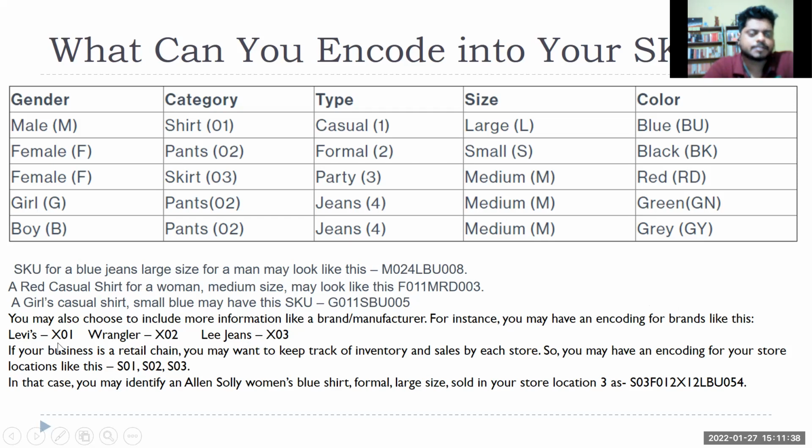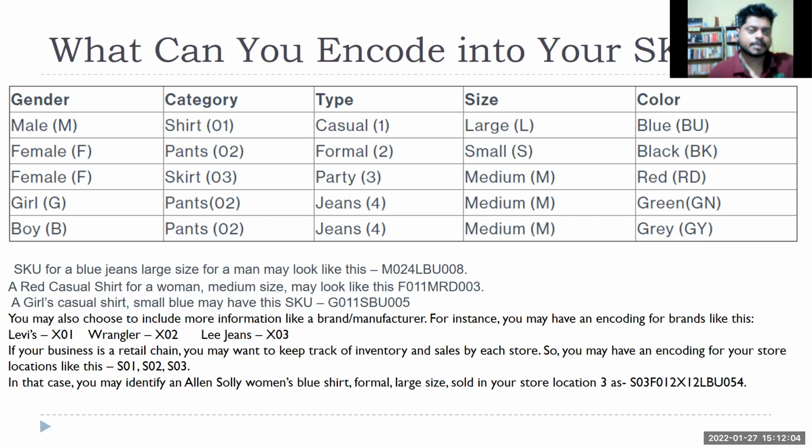Let's say the same thing is being sold in Pantaloons: Levi's may be X01, Wrangler X02, Lee jeans may be X03. Then depending upon my store locations, Reliance Retail may have 4 or 10 stores in Bhubaneswar and Cuttack. So I can code the store location also: S01, S02, S03. How much granularity of data do I require?